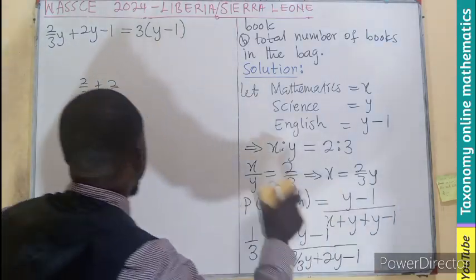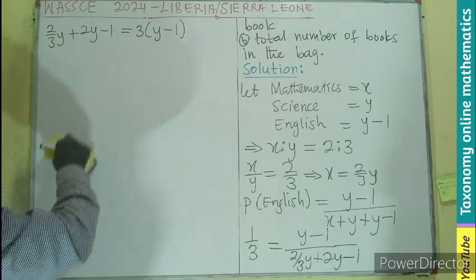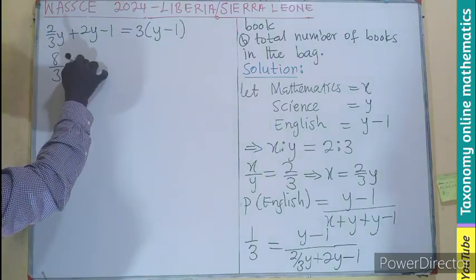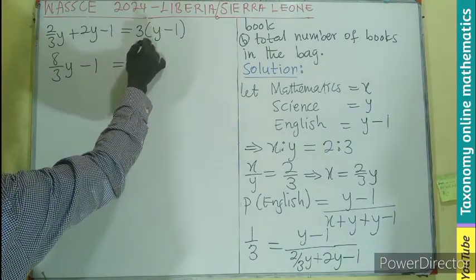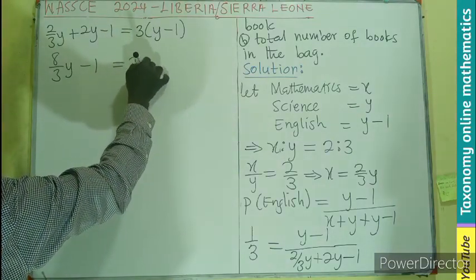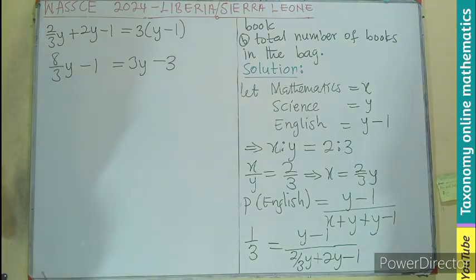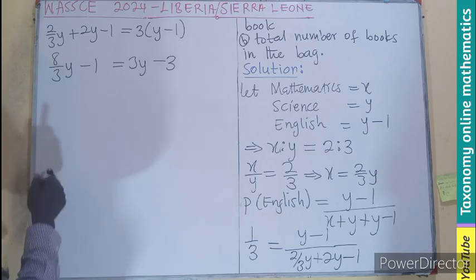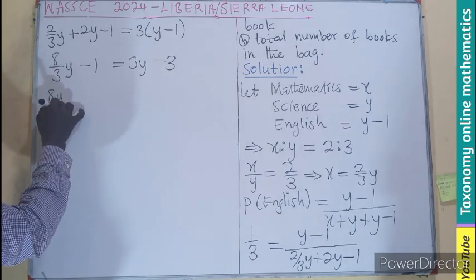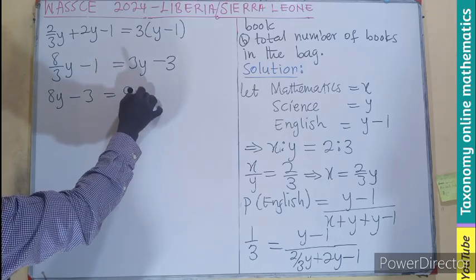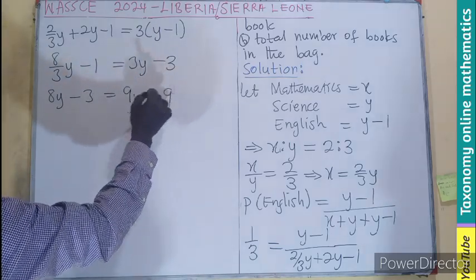So if I do that, this becomes 8/3 Y minus 1. Let's see if we can multiply through by 3. Or better still, yes, let's multiply through by 3. So that will give you 8Y minus 3, then 3 times 3 is 9, 3 times 3 is 9.